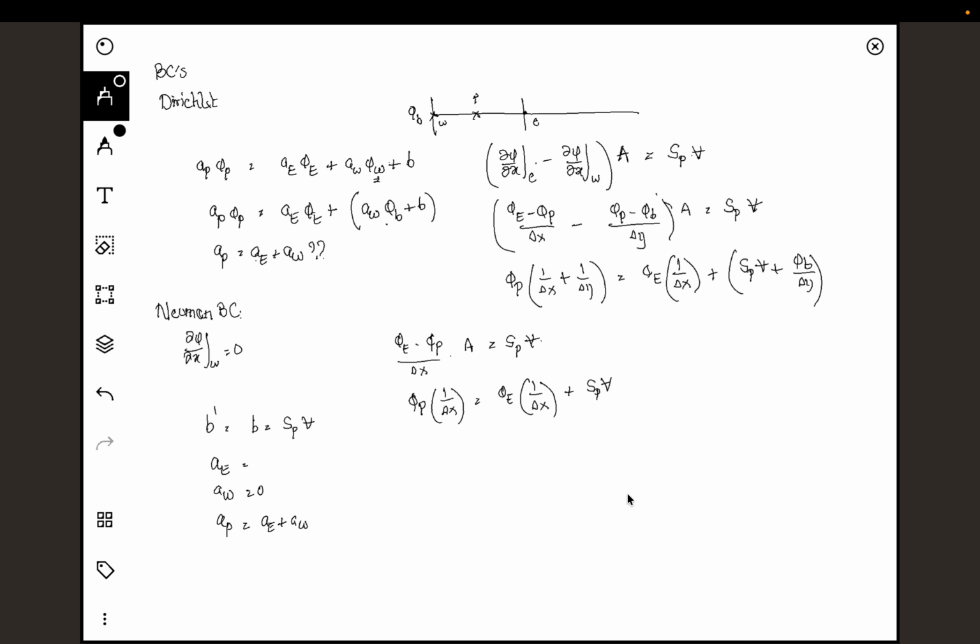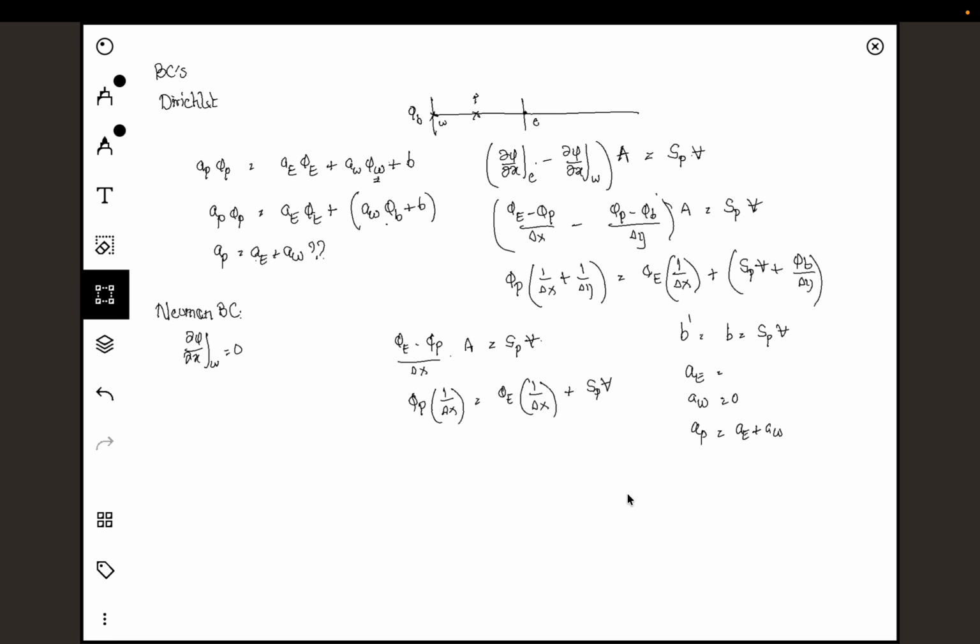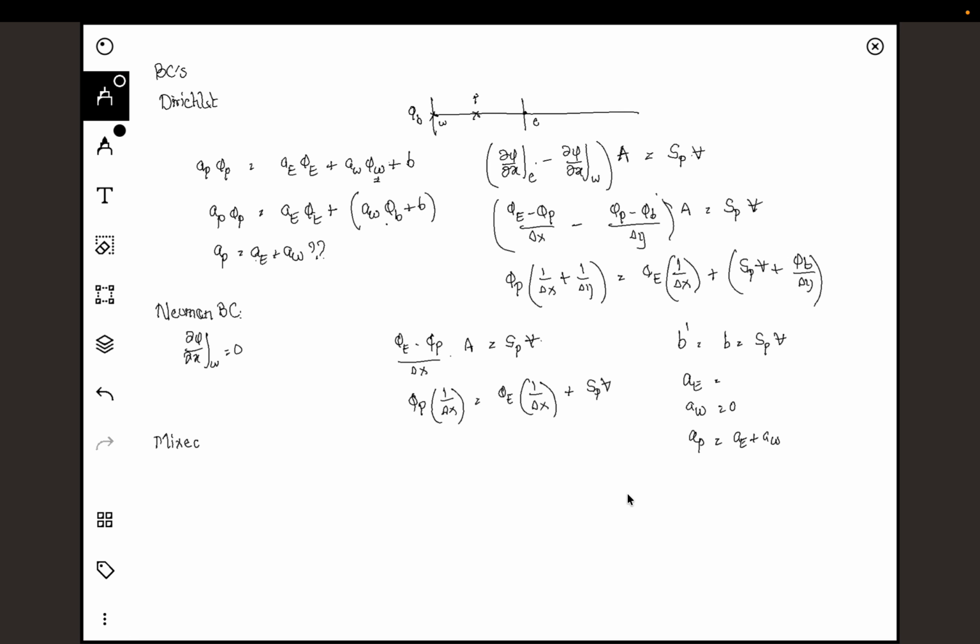And then we have mixed BC that will also be similar to this one. So whenever you have mixed BC, it will have a flux plus another condition. So the same applies. We use the mixed BC also. Where let's say you have A times del phi del x plus some B times phi is some constant.